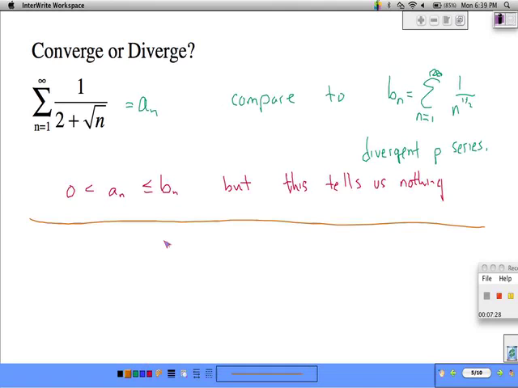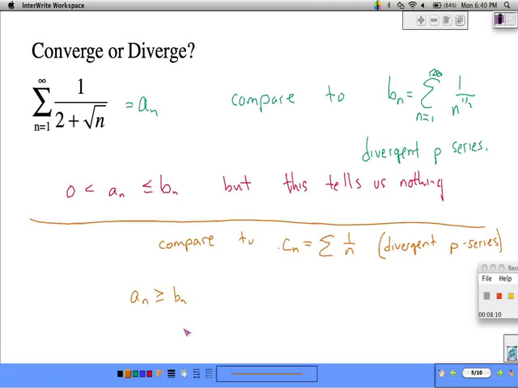So let's try comparing to 1 over n. This is another divergent p-series. p is equal to 1. For this, a sub n is bigger than or equal to b sub n.